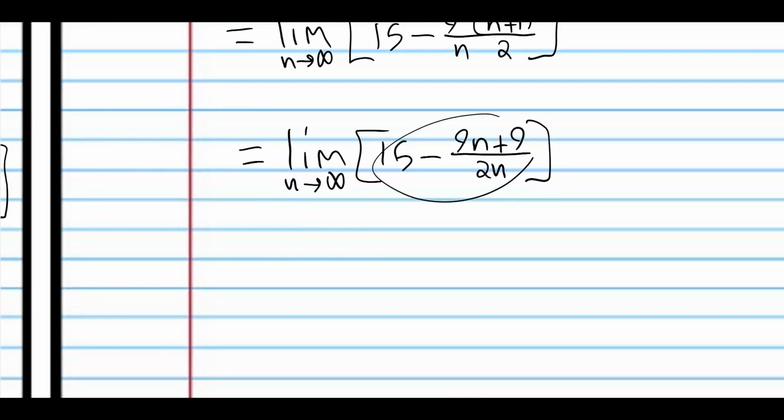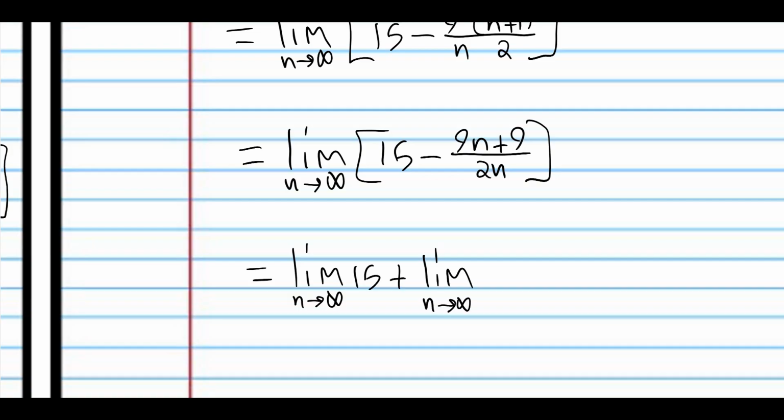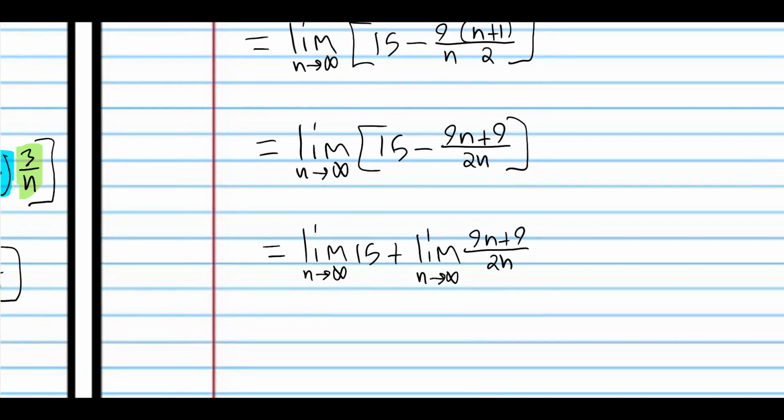Now, you can just use this expression if you want to, but if you feel more comfortable using the limit laws, you can break this up into two limits. All right, whoops, that should be a minus.